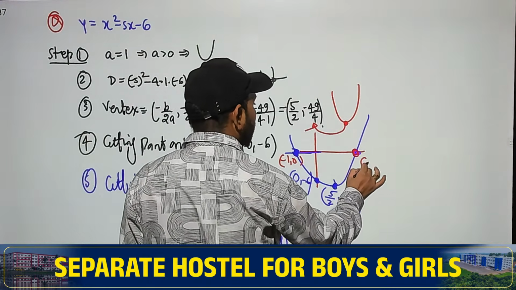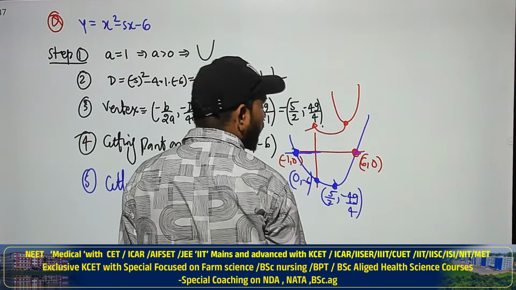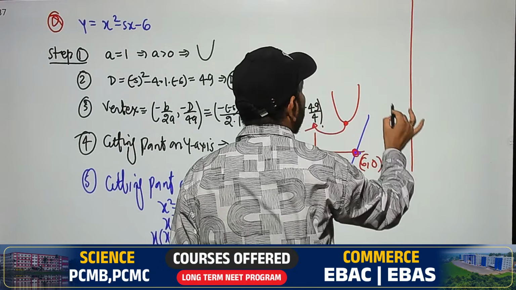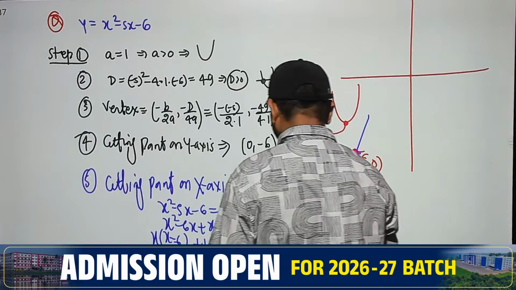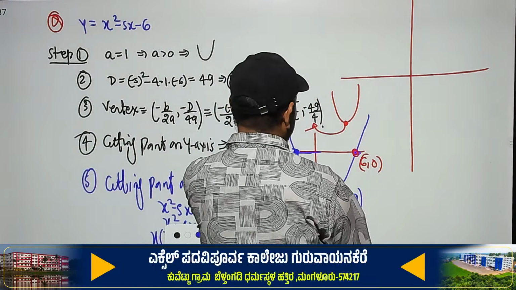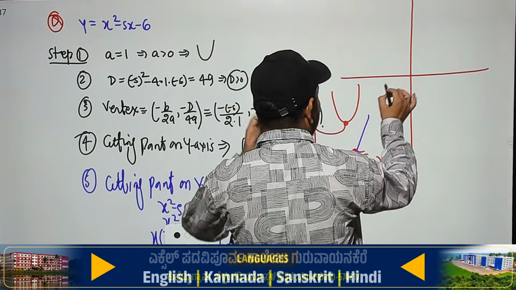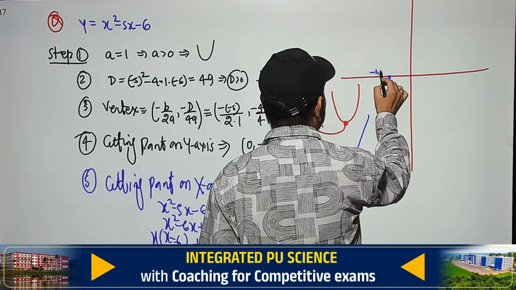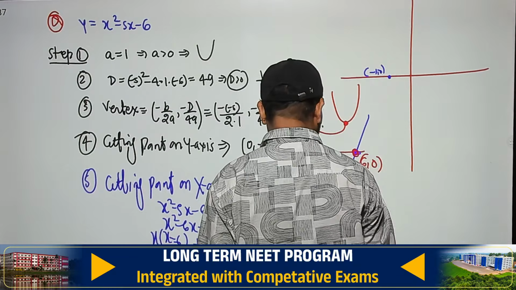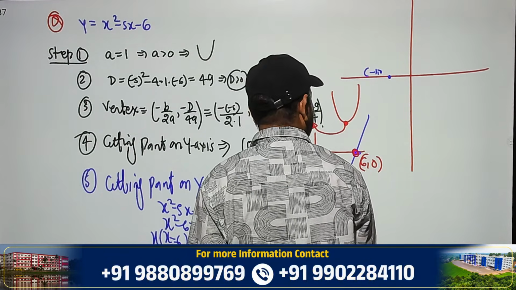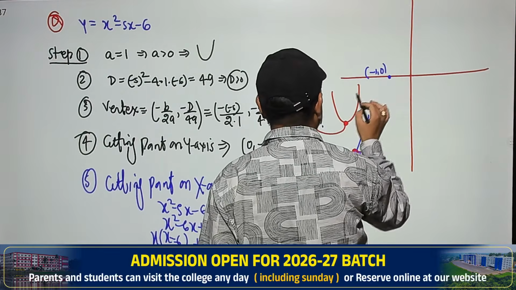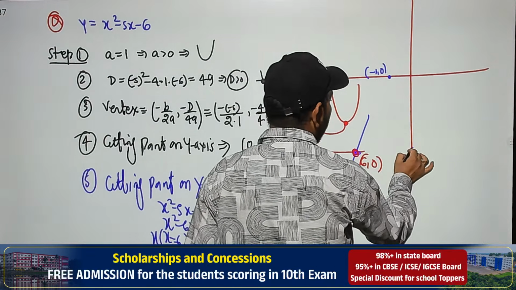And this point is 6 comma 0. If I draw a beautiful graph, it's looking like this. Okay, this is our axis. Now if I want to draw, this point is 5/2 something. Here is minus 1, it's passing from here, minus 1 comma 0. This point is 1 comma 0, and one point I required, 0 comma minus 6, is somewhere here.